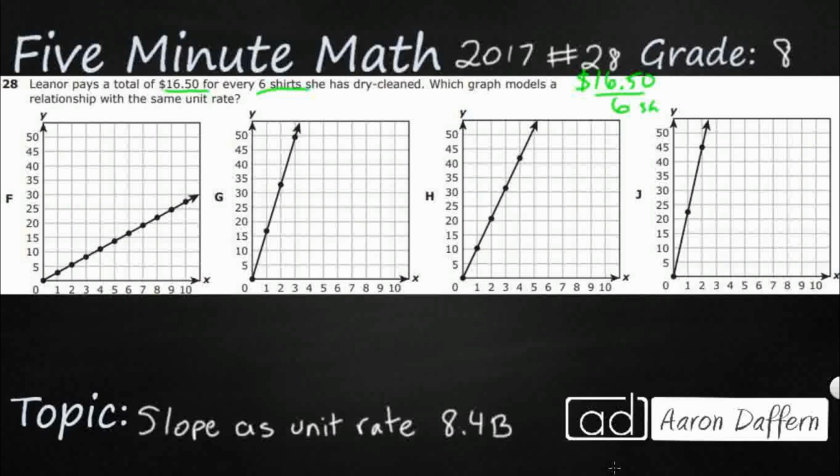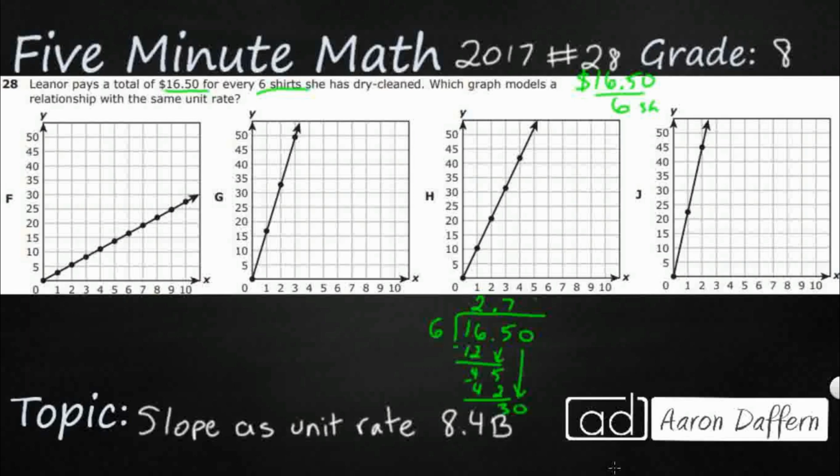So let me take my 6 and divide that into 1650 just to see what I've got. 6 goes into 16 twice. That's 12. Just bring it down one number at a time. That's 7. That's 42. 30.